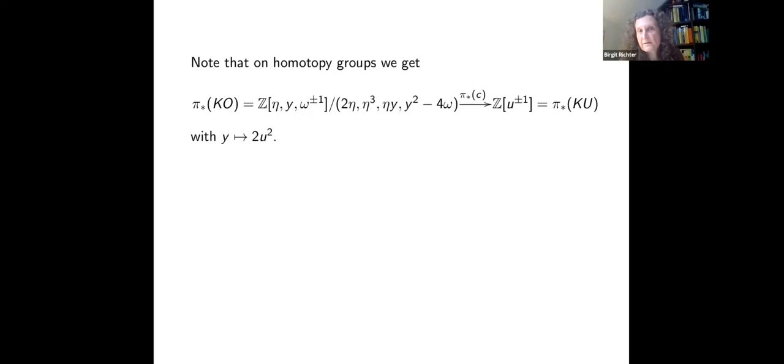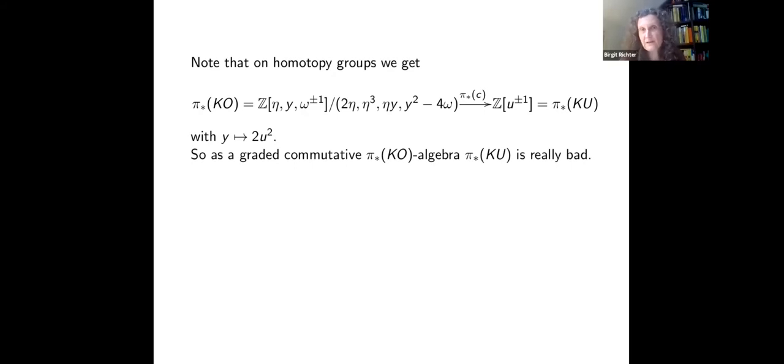And you have relations in this ring. And this maps to KU, where the coefficients are just Laurent polynomials in a variable of degree 2. So everything is clean there, no torsion, no nilpotency. So as a map of graded commutative rings, this is as bad as it gets. So you do not detect Galois extensions by looking at the homotopy groups, which is bad if you think about the algebra where you just looked at prime ideals. And so this is one indicator that this won't work here, at least not if you take algebraic ideals.